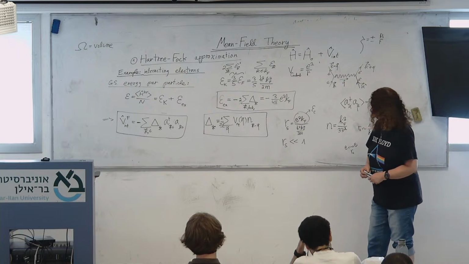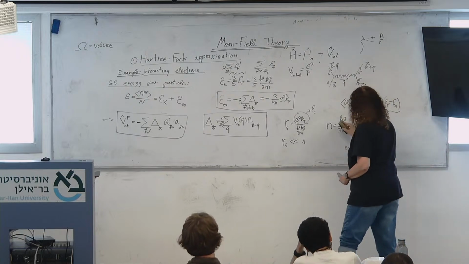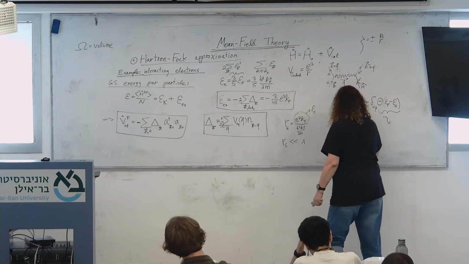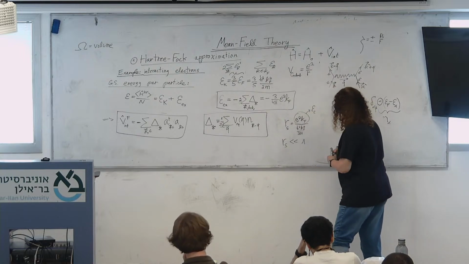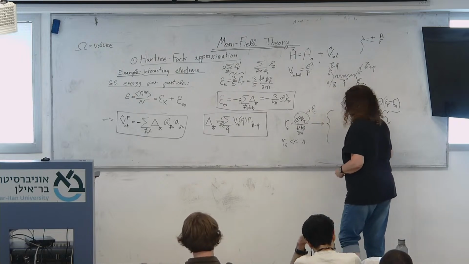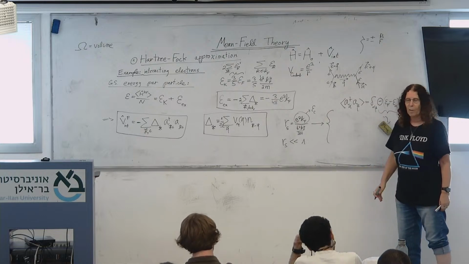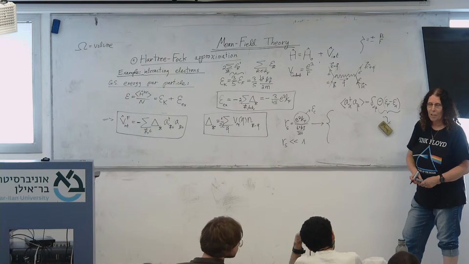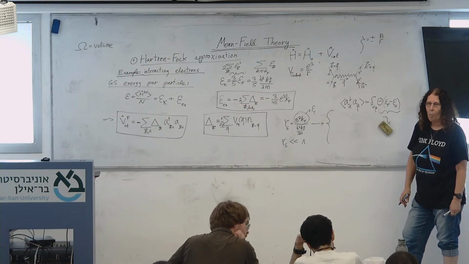But it turns out that this is actually never satisfied. If you look at the real numbers, I'm not giving you numbers, but you can do it for yourself and look it up in the literature. What do you get for metals?